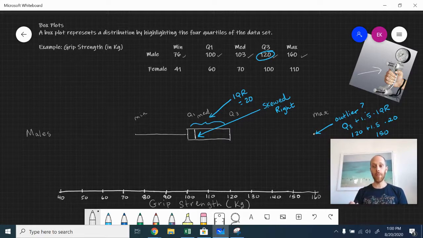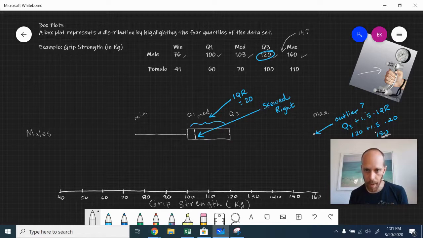And then to draw the rest of the graph, we need another piece of information. So suppose that the next largest value is 147. Now, 147, according to our outlier test, is not an outlier. So what we do is we mark where 147 happens. So it would be right about, let's see, right about there.